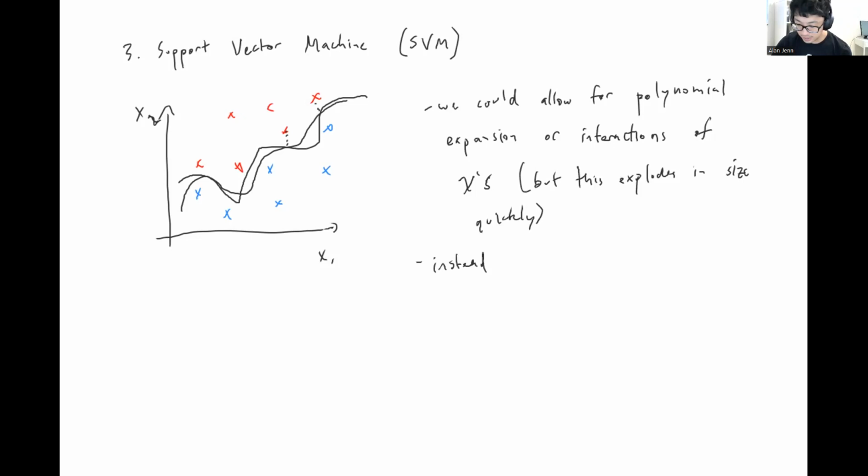So instead, we modify and generalize the computation of the support vector classifier.